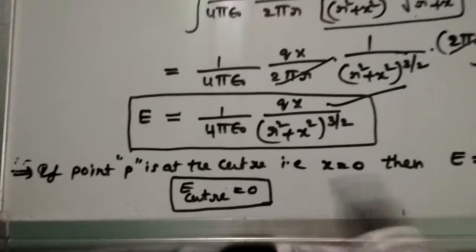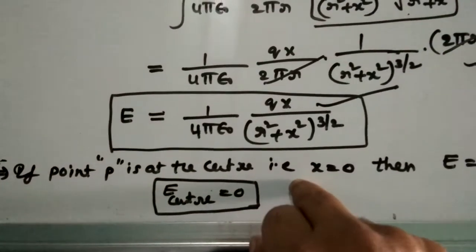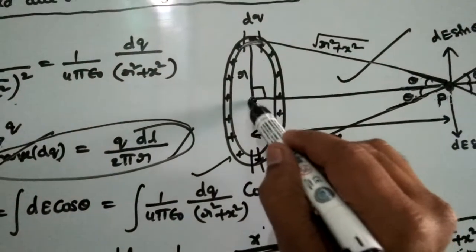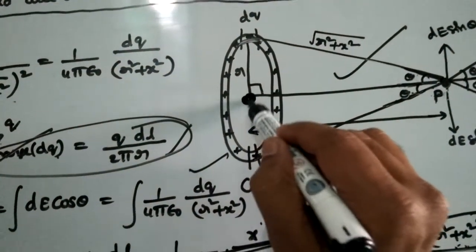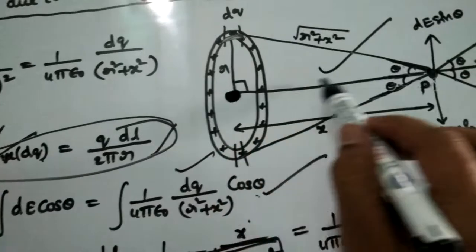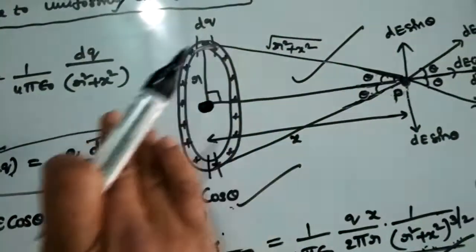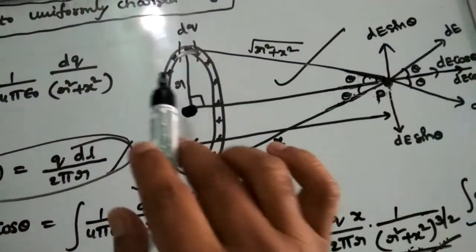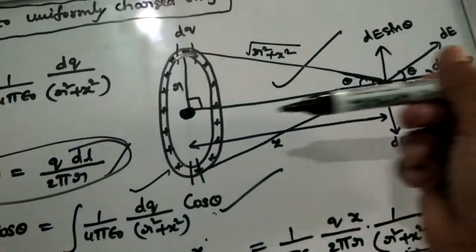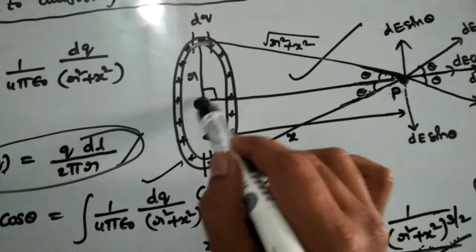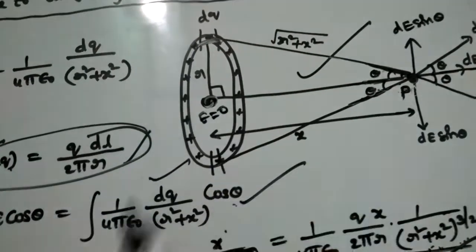That means the electric field at the center of a charged circular ring becomes 0. On the axis only you will get an electric field. If it is a positive charge, the electric field is away from it. If it is a negative charge, the electric field is towards it. But at the center, the electric field becomes 0.